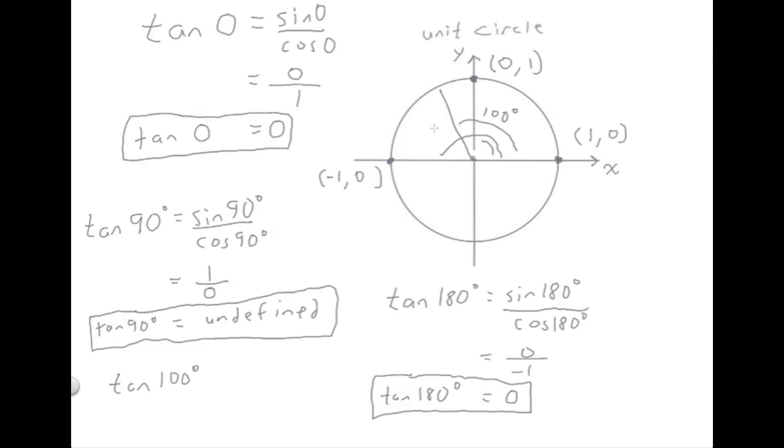You can see that this is going to have one negative coordinate and one positive coordinate, right? The x-coordinate will be negative and the y-coordinate will be positive, so we can predict that the tangent of 100 degrees would be negative. So that's another example of the type of interpretation and understanding that we get from using the unit circle approach. Please pause the video and try this problem.